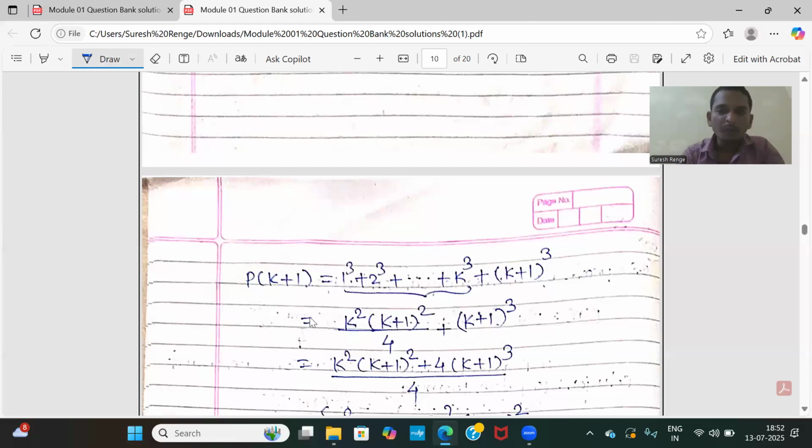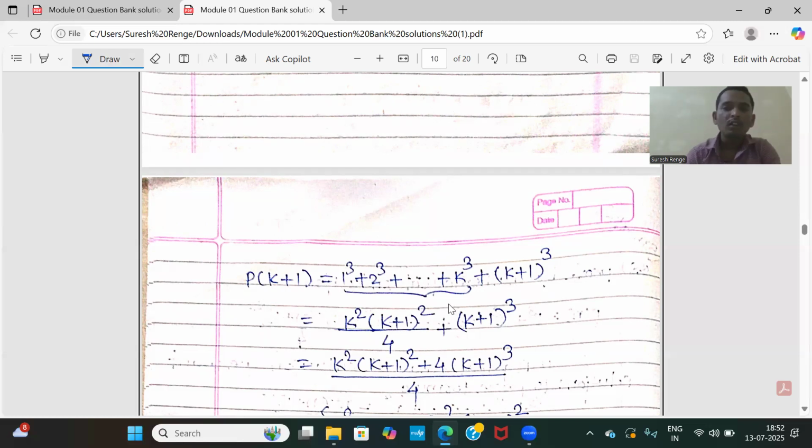We want to prove that this formula is true for the first k plus 1 terms. Write down these k plus 1 terms: 1 cube plus 2 cube plus dot dot dot plus k cube and k plus 1 cube. These are the first k plus 1 terms.